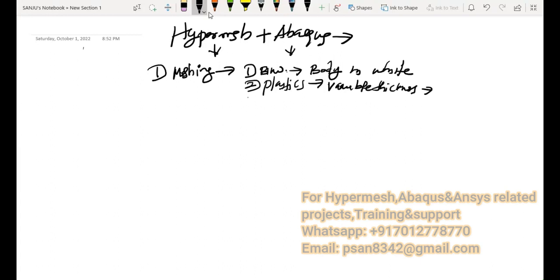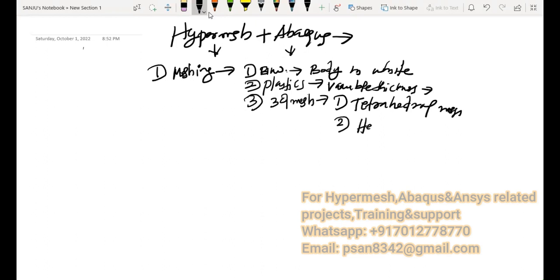Then the third one is 3D mesh. In 3D mesh, the first thing we will learn is tetrahedral mesh. Then the second thing we will learn is hex mesh.